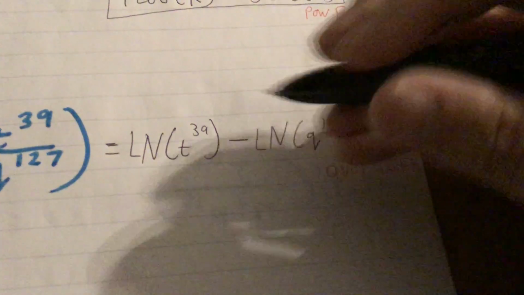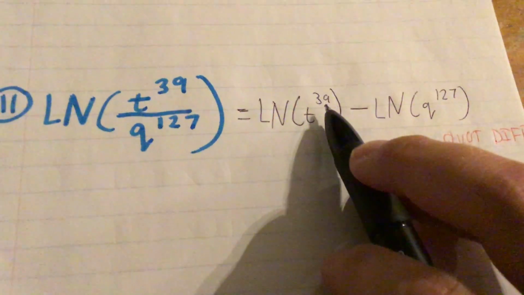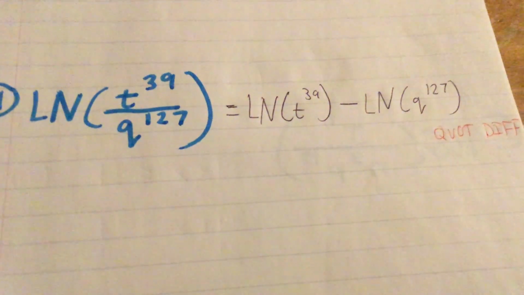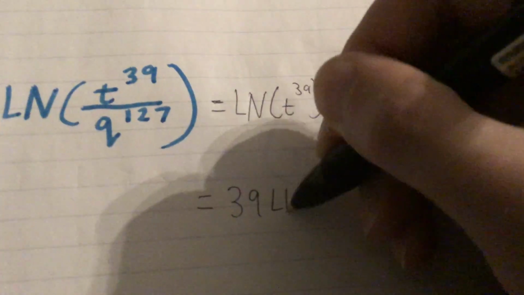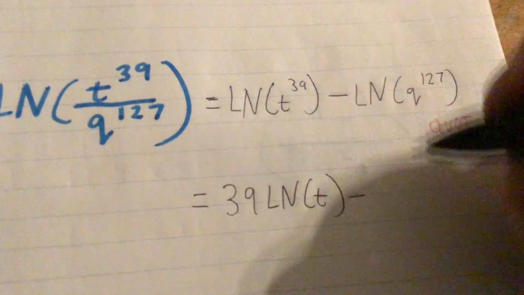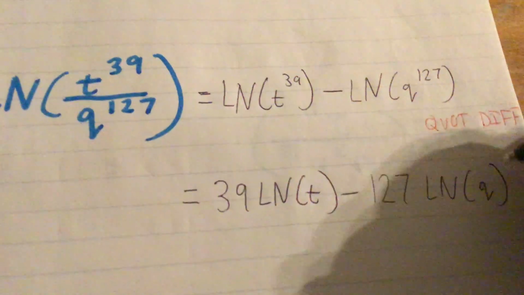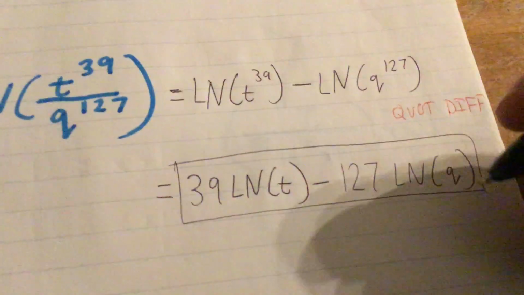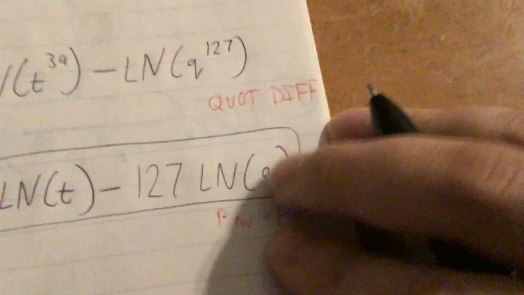Division inside of a logarithm can become subtraction with the log base. And now I can make this fully expanded because an exponent inside of a logarithm brings that out to the front. So now this becomes 39 natural log of t minus 127 natural log of q, fully expanded. The reason why is because of the power factor rule.